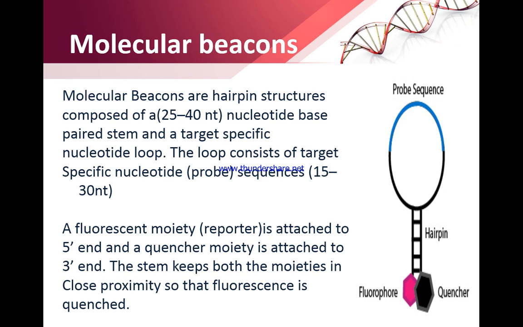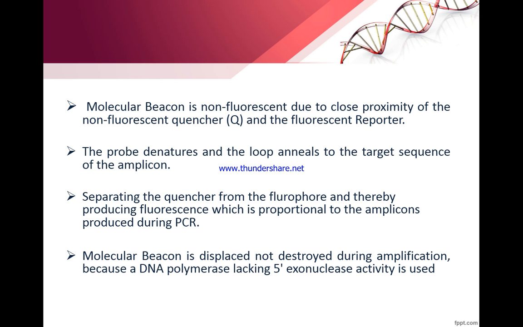A fluorescent moiety reporter is attached to the 5' end and a quencher moiety is attached to the 3' end. The stem keeps both moieties in close proximity so that fluorescence is quenched. The molecular beacon is non-fluorescent due to the close proximity of the non-fluorescent quencher and the fluorescent reporter.